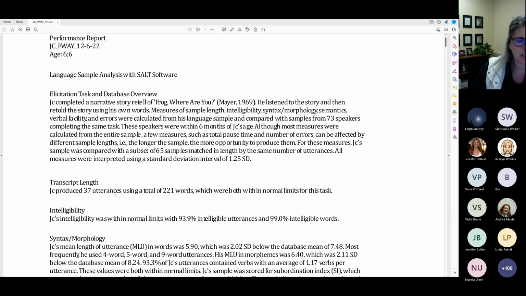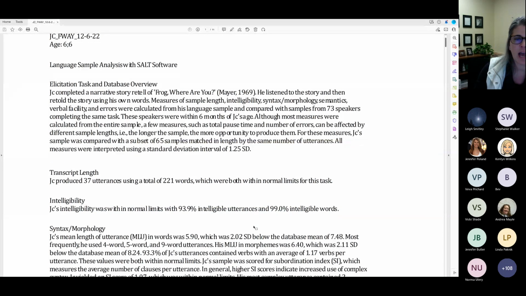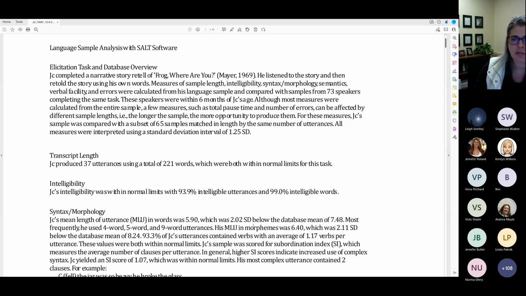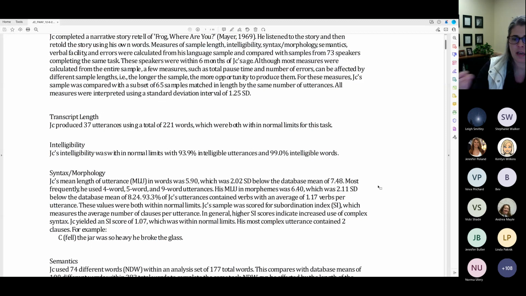So 37 utterances using 220 words were both within normal limits for that particular task, and his intelligibility. So I would strongly encourage you, especially when you first start out, to use this first page to help you to understand the following sheets of raw data.